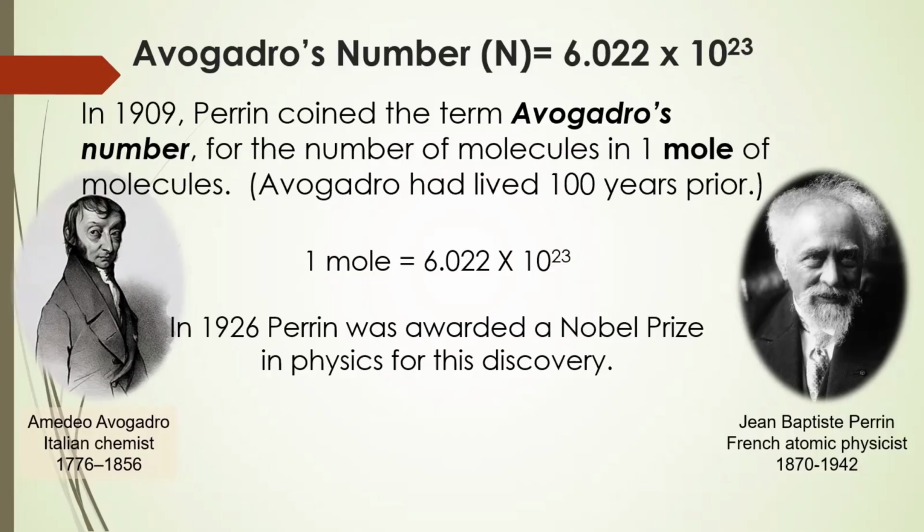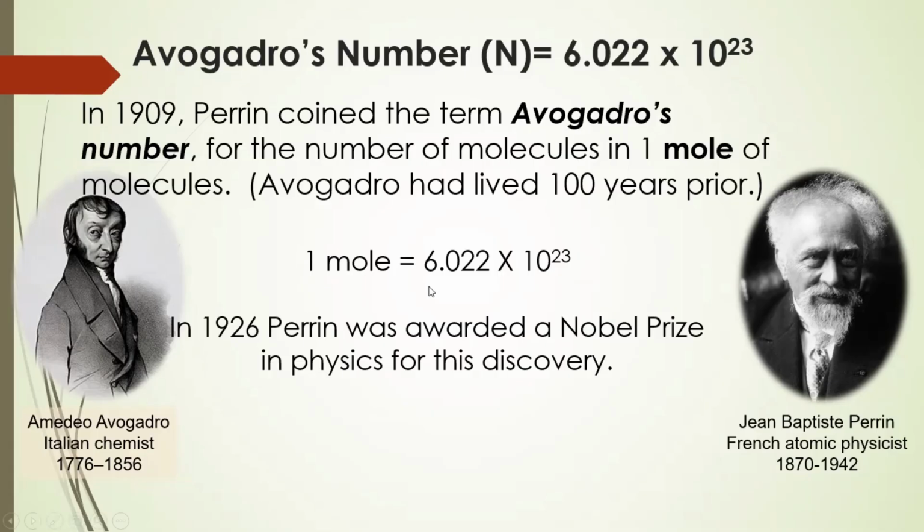So it's a great misconception that Avogadro is the one who came up with this number. Jean-Baptiste Perrin coined that name in honor of Avogadro, and he later won a Nobel Prize for this discovery in 1926.